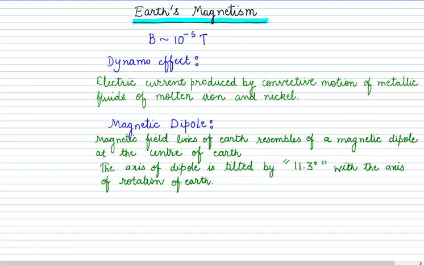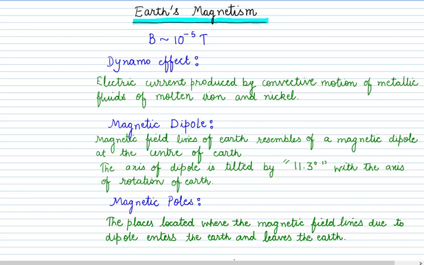Now, what are the magnetic poles? Magnetic poles are those places where the magnetic field lines due to the dipole enter the Earth and leave the Earth. So the field lines go into the north magnetic pole and come out from the south magnetic pole.